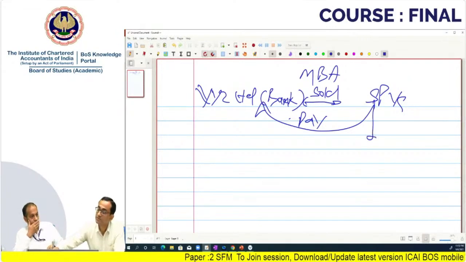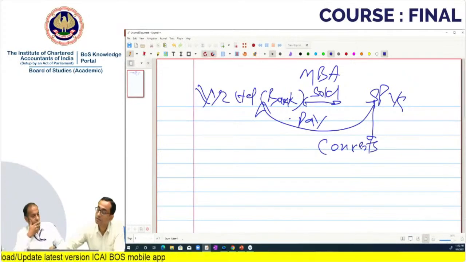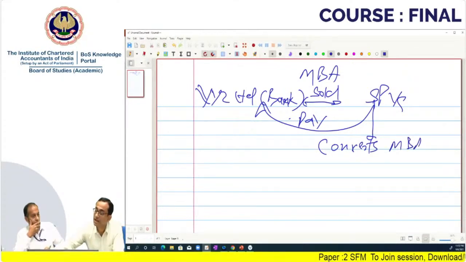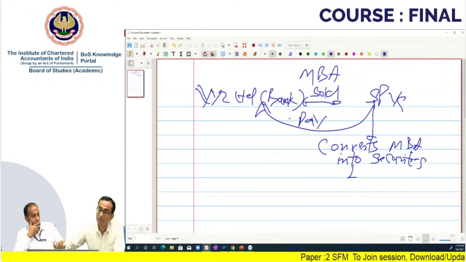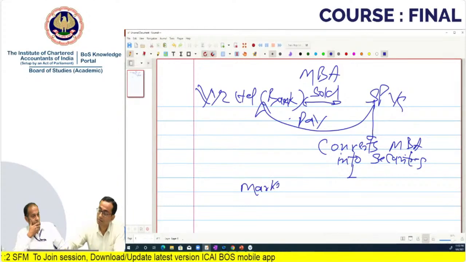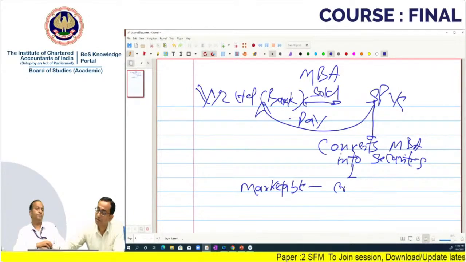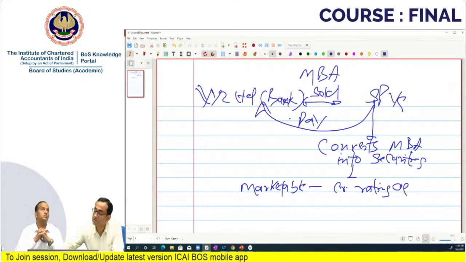Then the SPV converts the mortgage-based assets into securities and makes them marketable with the help of credit rating agencies.